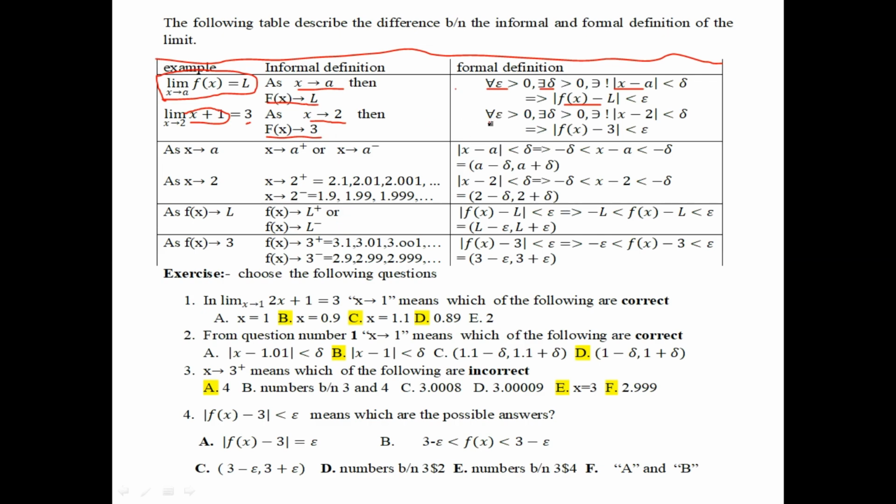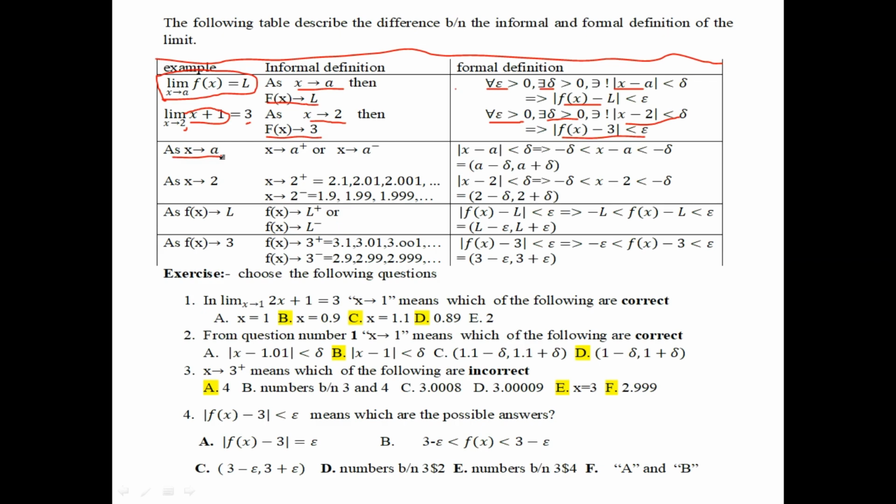Again, for every epsilon greater than 0 there is at least one delta greater than 0 such that the absolute value of x minus 2 is less than delta, and the absolute value of f of x minus 3 is less than epsilon.